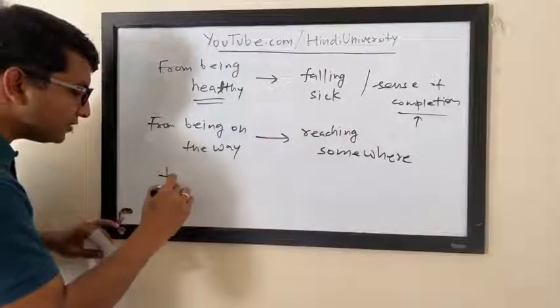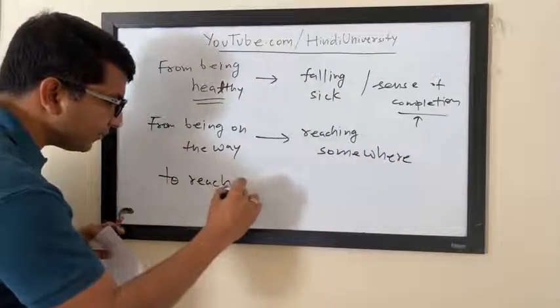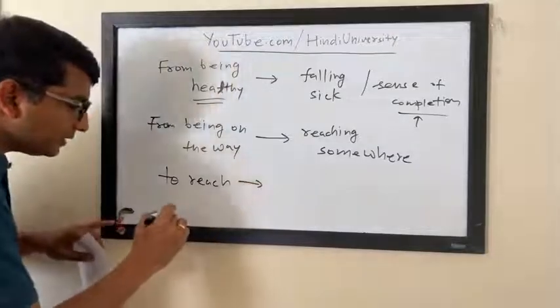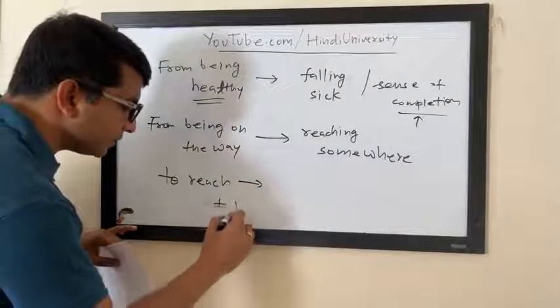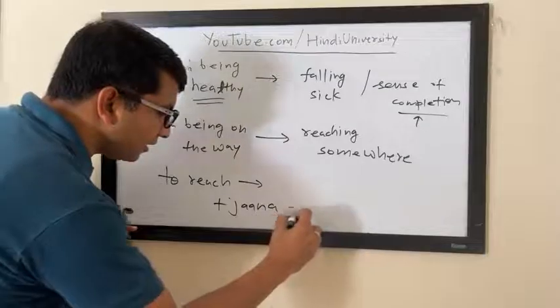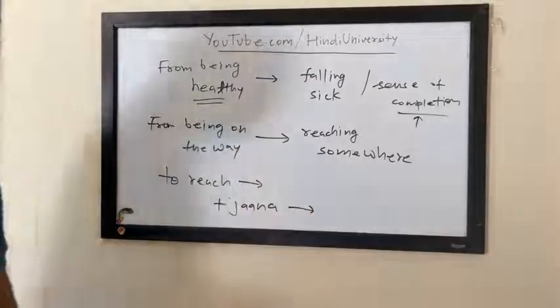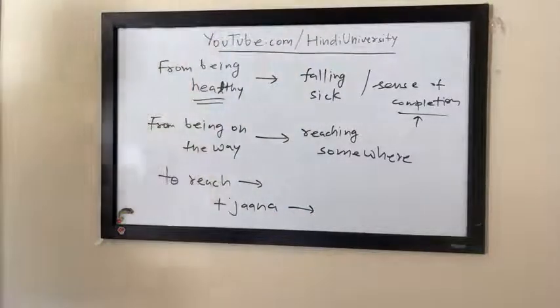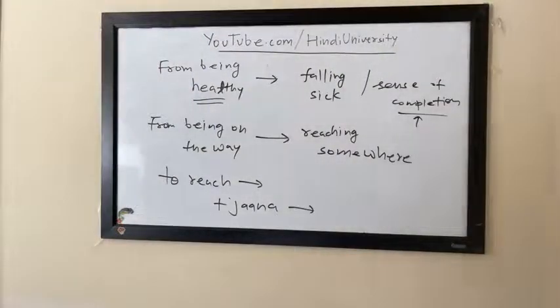So what is "to reach" in Hindi first? I want you to write it down and tell me, when this verb is used with jhana, what is the final outcome? Don't say it right now, just write it. To reach in Hindi first.